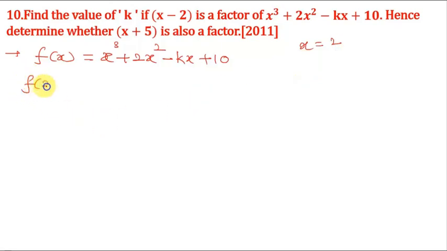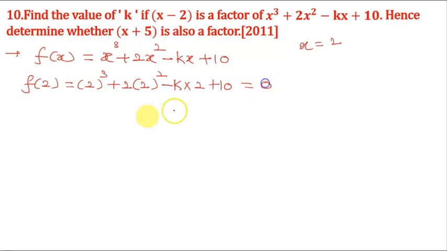Therefore f of 2 is equal to, replace x by 2, 2 cube plus 2 into 2 square minus k into 2 plus 10 equals 0.